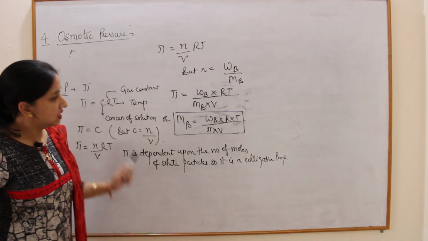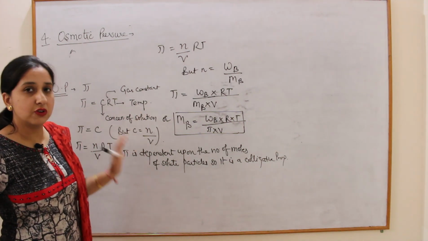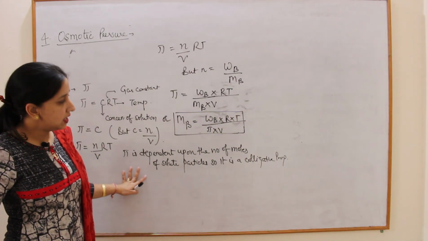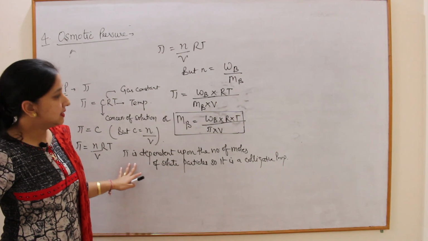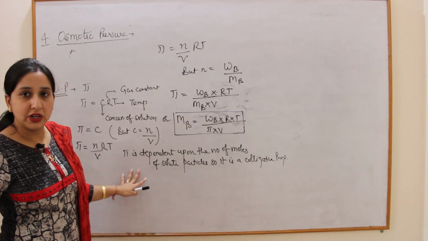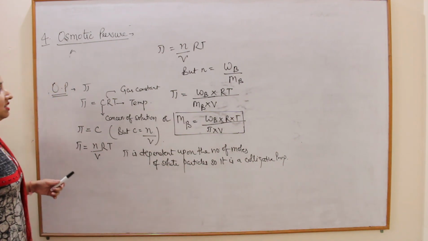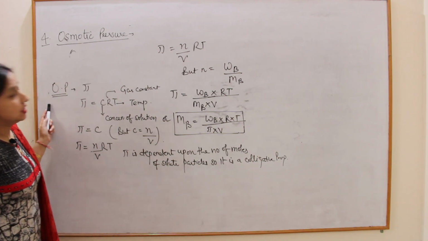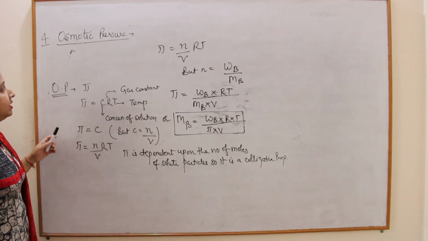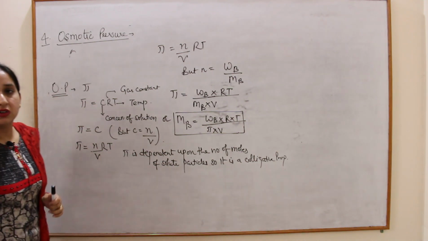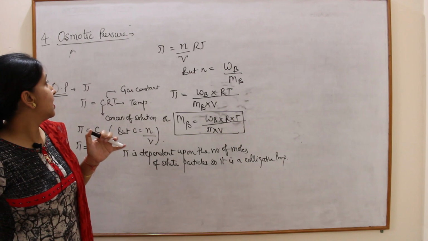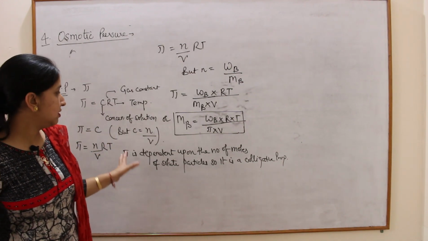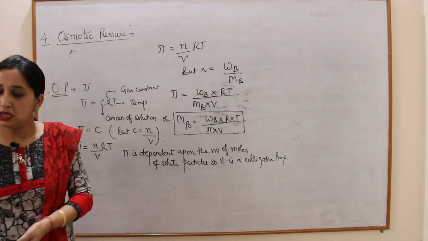You have to learn all these four formulas very seriously, because they are very important for your exams from the numerical point of view. So in the next lecture we will discuss 1-2 numericals related to osmotic pressure and the biological importance of osmosis, as well as our last topic, that is Van 't Hoff factor. So in the next lecture our solution chapter will be completed.